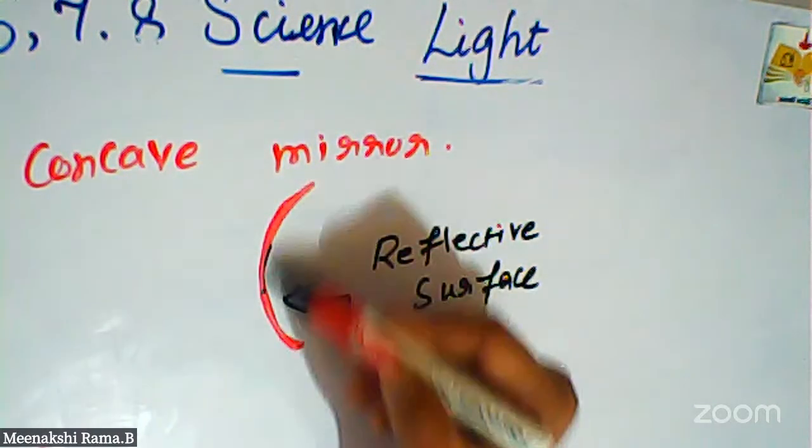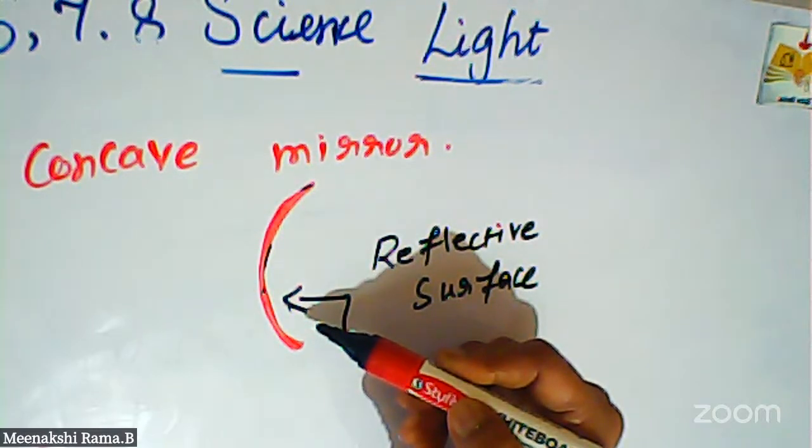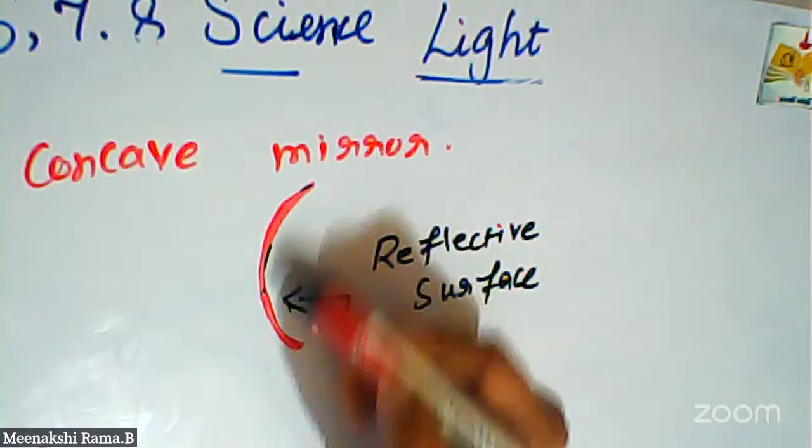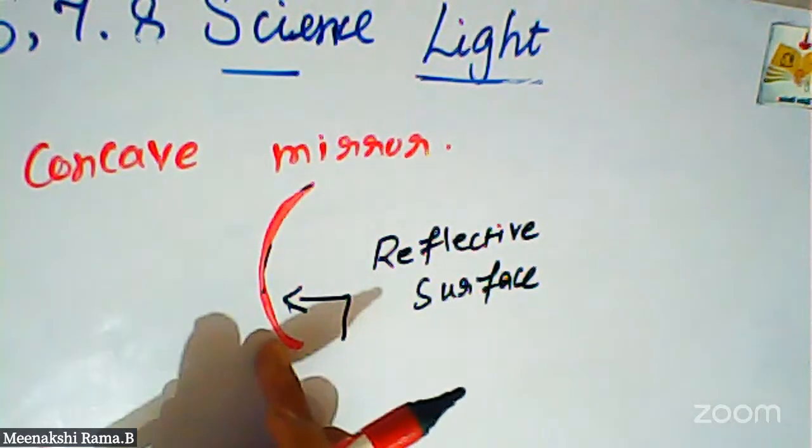The reflection of light occurs at this concave surface. This is called the concave surface. When the light is reflected, that portion is called the reflecting portion. So the surface where the reflection of light occurs is called a concave mirror.